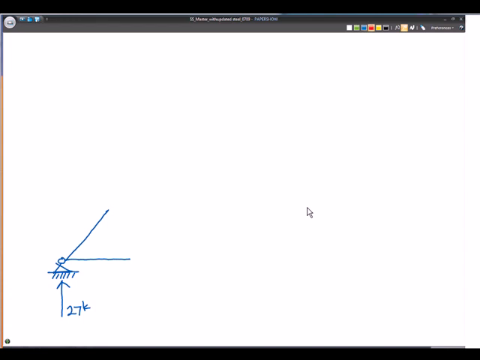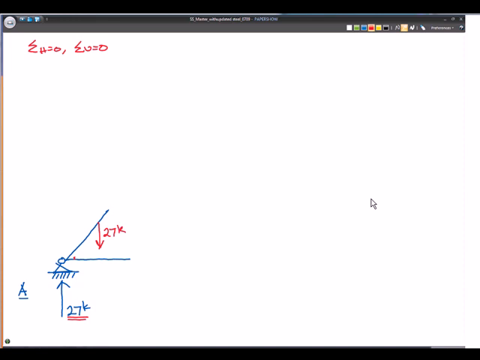This is joint A. Using our equations of equilibrium, sum of the horizontals equal to 0, sum of the verticals equal to 0, if we have 27 kips going up, we need 27 kips going down. Based on our rules, the horizontal member cannot resist any vertical forces, so the diagonal member has to resist that entire 27 kip load. So the entire 27 kips goes into the diagonal member.